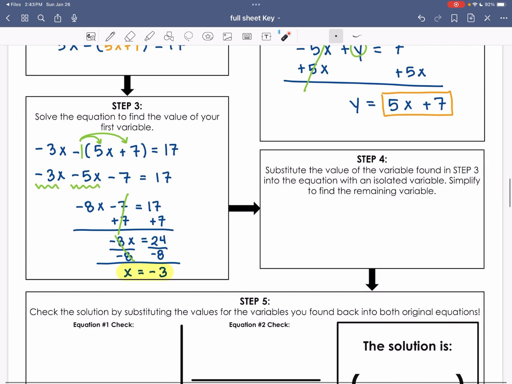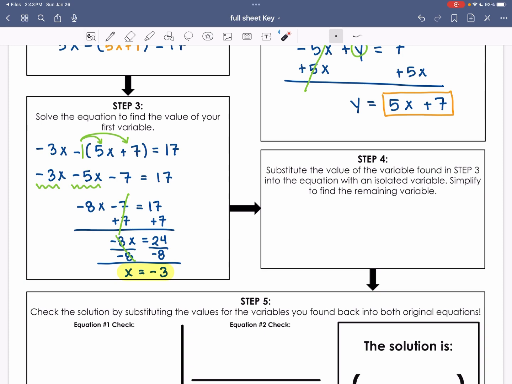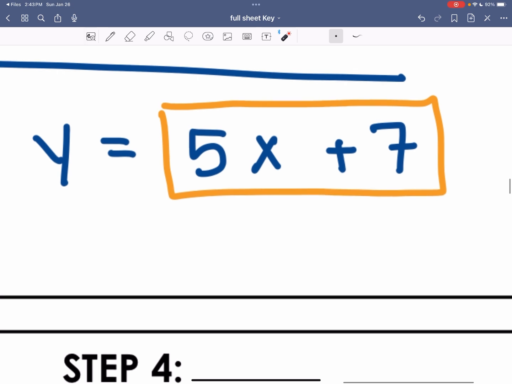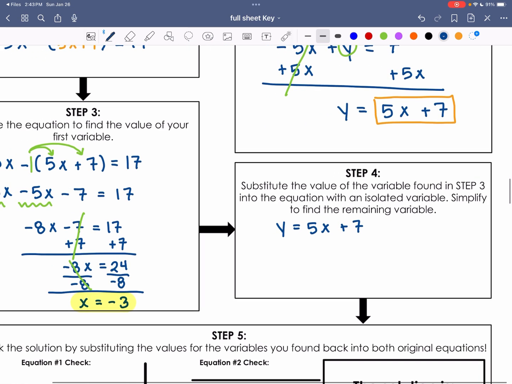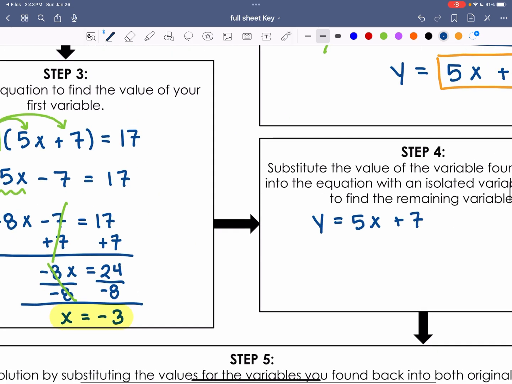It says substitute the value of the variable found in step 3, so that's x equals negative 3, into the equation with an isolated variable, which is this guy. So y equals 5x plus 7, but we just figured out over here that x is negative 3.